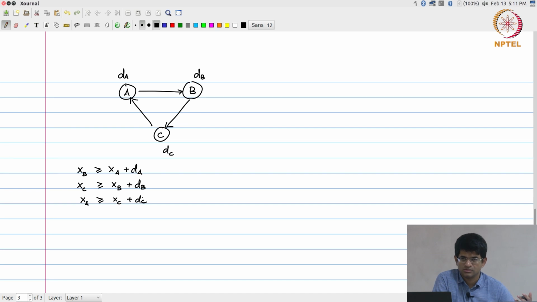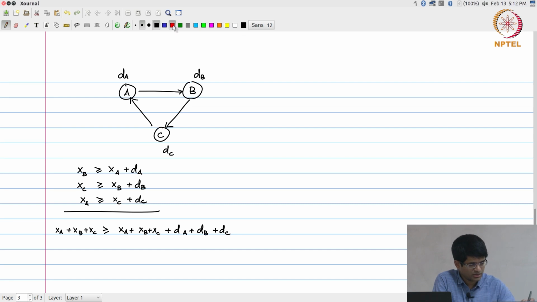Is this possible? Is there a problem here, and if so, what is it? How can we show that there is a problem with this setup? The simplest way that at least I can think of is just add the constraints.